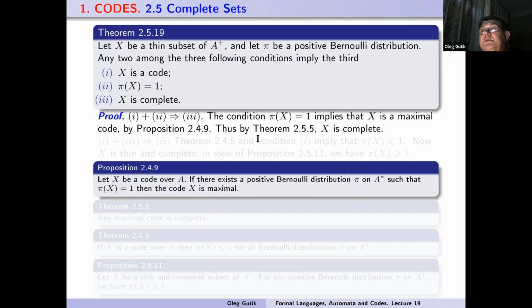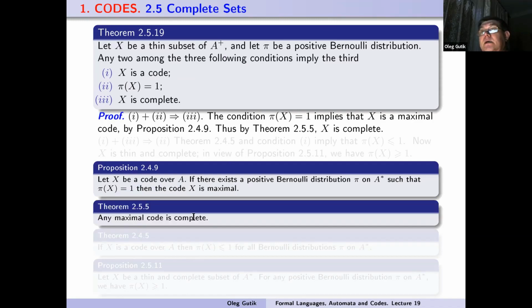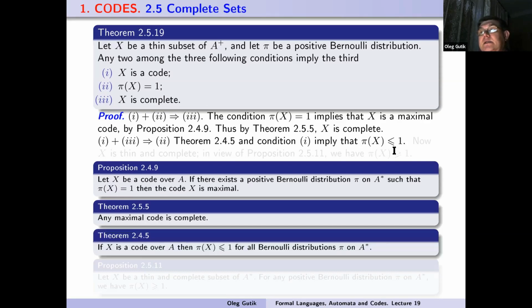Thus, by Theorem 2.5.5, X is complete, since any maximal code is complete. And from propositions 1 and 3 we get proposition 2. Theorem 2.4.5 and condition 1 imply that π of X is less or equal to 1.